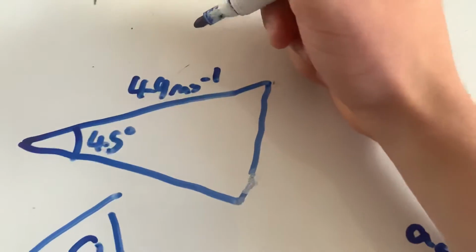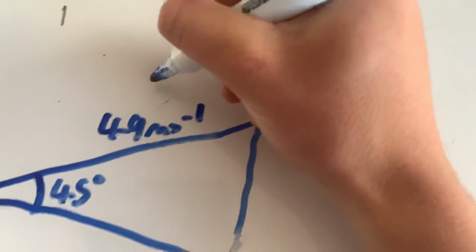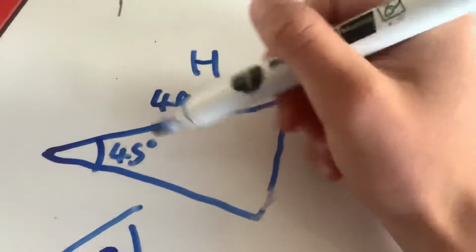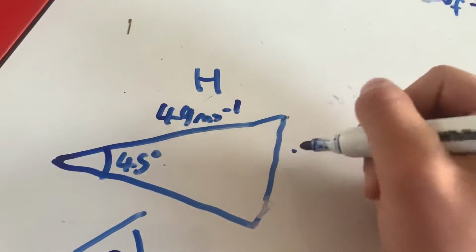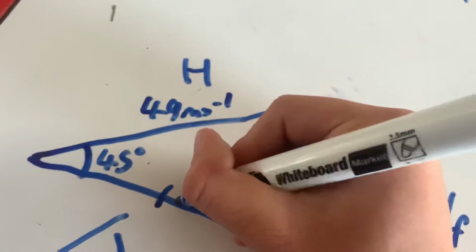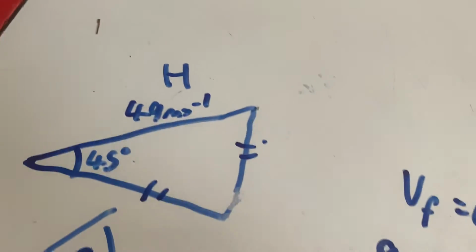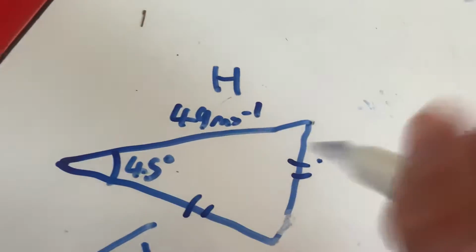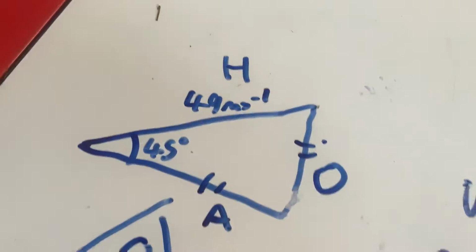Label the triangle. So we know that this is the hypotenuse because this is the longest side of the triangle. And since it's a 45-degree angle, both of these sides will be the same. So actually you can just draw a line here indicating that they're the same. So that means that this length will be the same as this one. So it doesn't matter which one we pick. So this is adjacent and this is opposite.